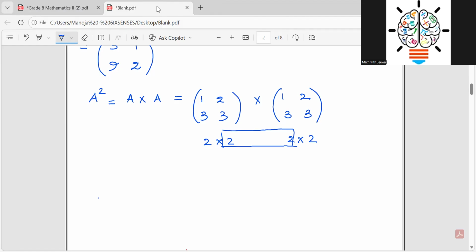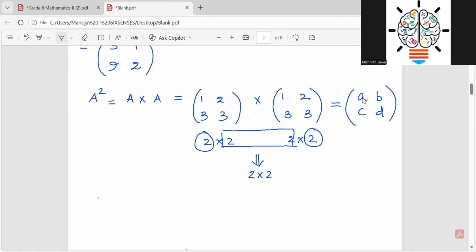And if it is compatible, then you can multiply. So what kind of answer do you get? You get the size of the matrix from this, that is 2 times 2. That means you have the A, B, C, D format. We don't know what A and B are yet, but this should be the format.